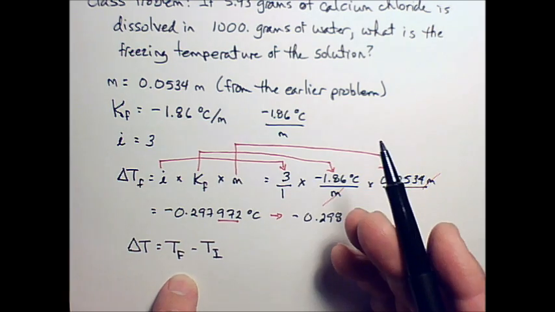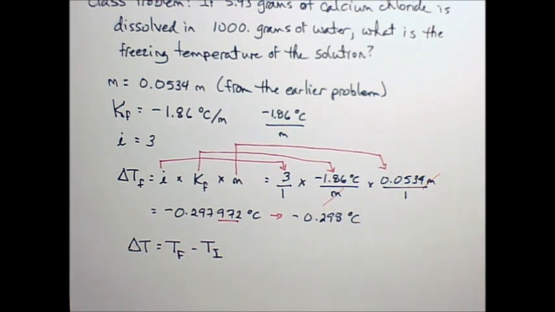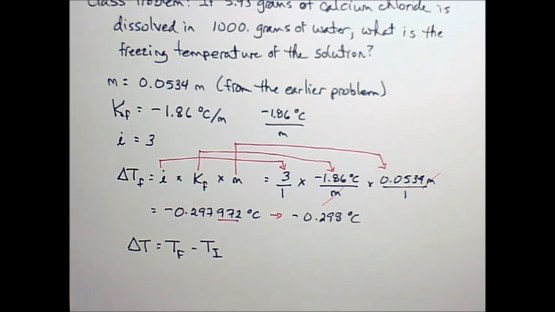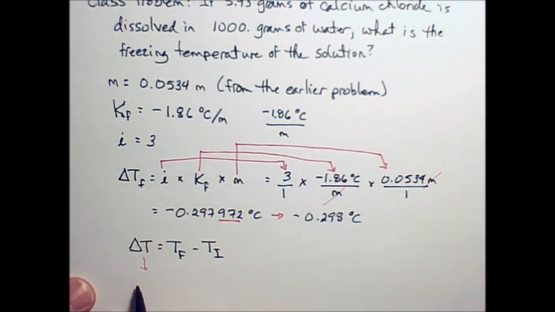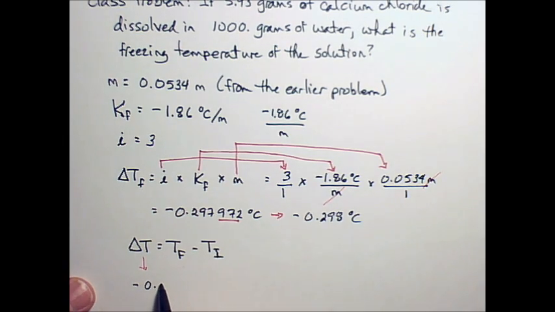Freezing, final. Okay? So what's the freezing temperature of water in degrees C? 0. Our change in temperature we have right here, so we can plug in that number. Negative 0.298 degrees C equals temperature final, what we want to find, minus temperature initial, and temperature initial, you know, is 0.00 degrees C.